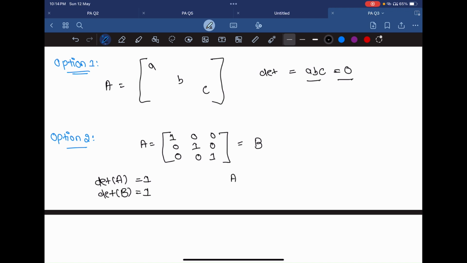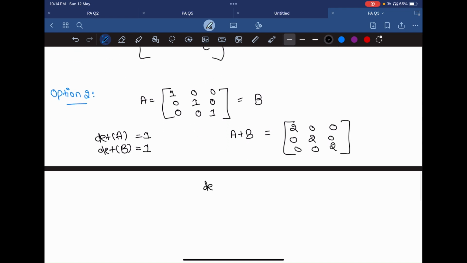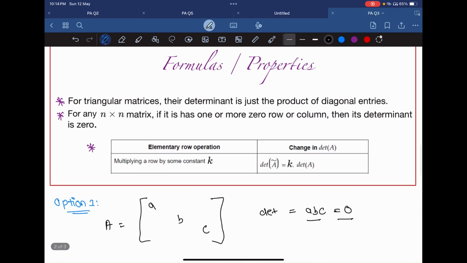Now we have A plus B to be 2, 0, 0, 0, 2, 0, 0, 0, 2. And then the determinant of A plus B would be simply 2 into 2 into 2 because of the above fact that for triangular matrices, their determinant is just a product of diagonal entries.